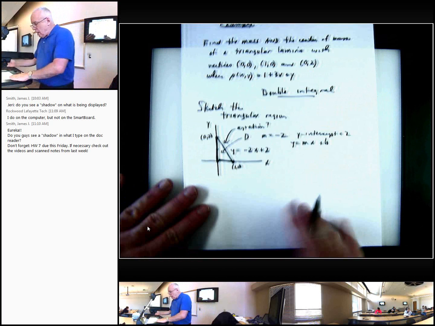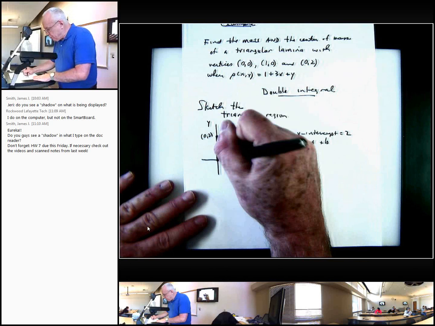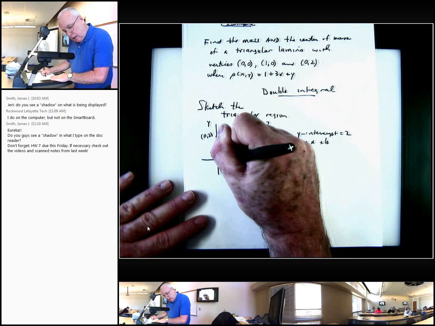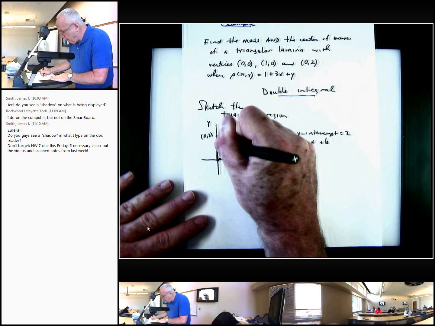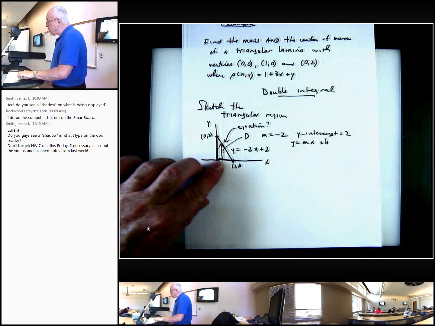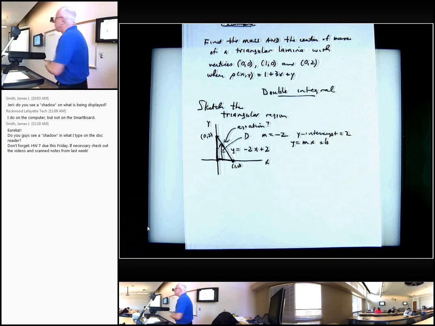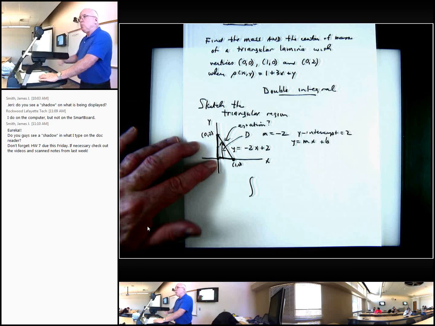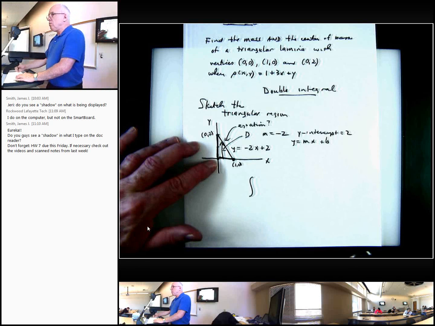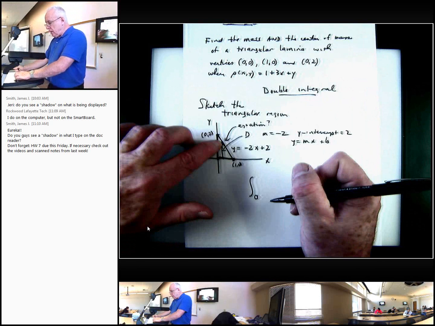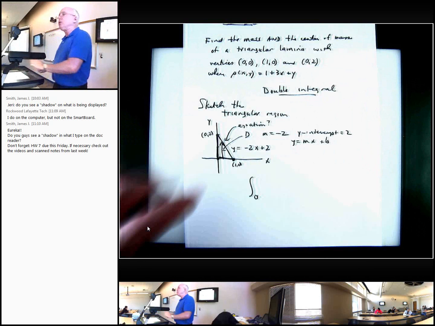Okay, so I want to integrate first with respect to y. So we're going to be going upward. It's real helpful just to draw the arrow. And what we want to see is, where does the arrow start? Where does it end? So first, with respect to y, where does it start, at what value of y? y equals 0. And where does it end, at what value of y?